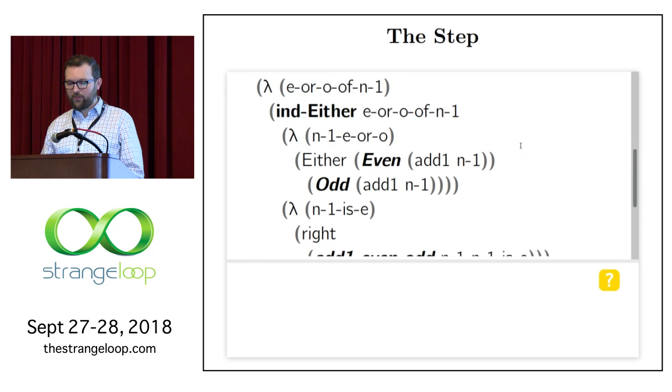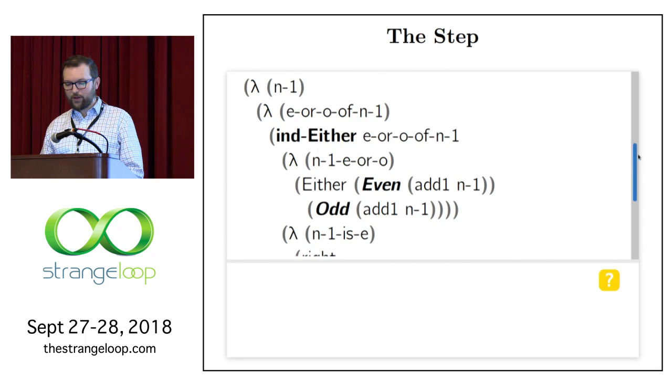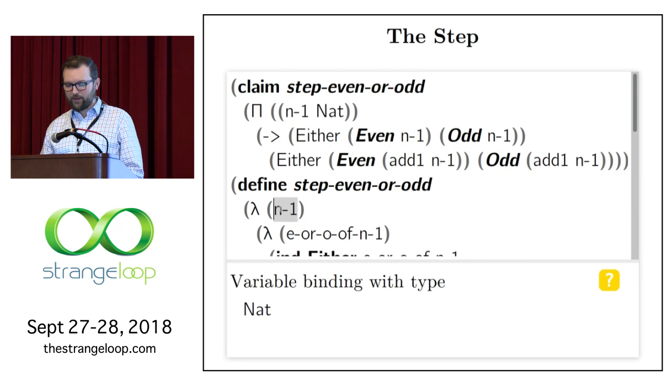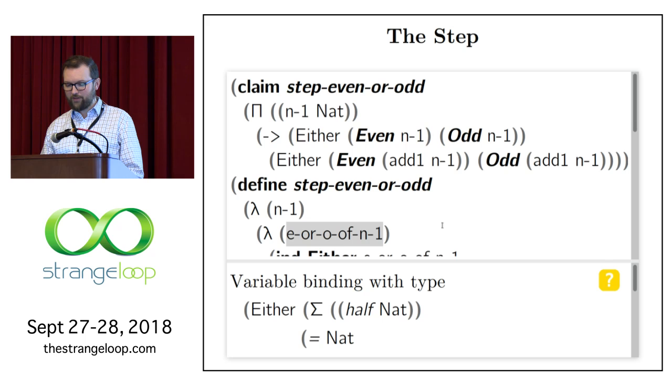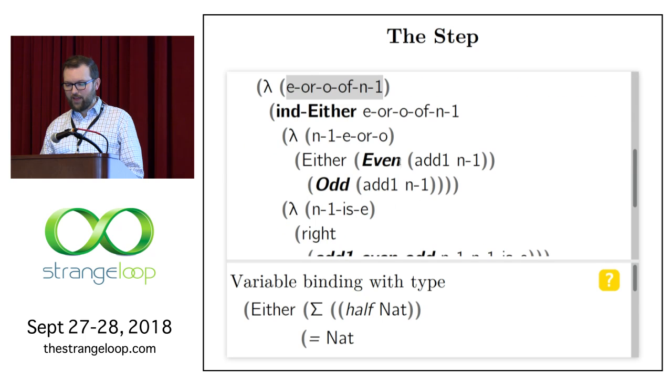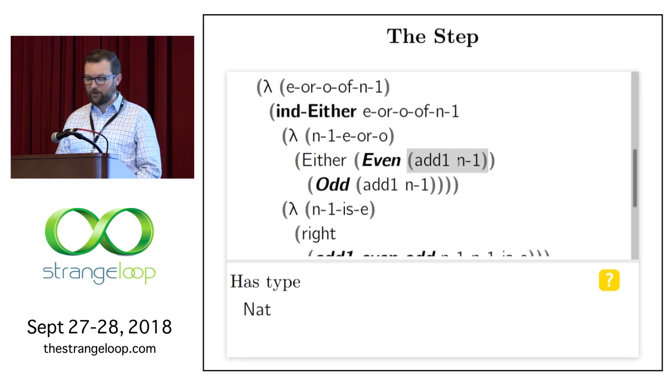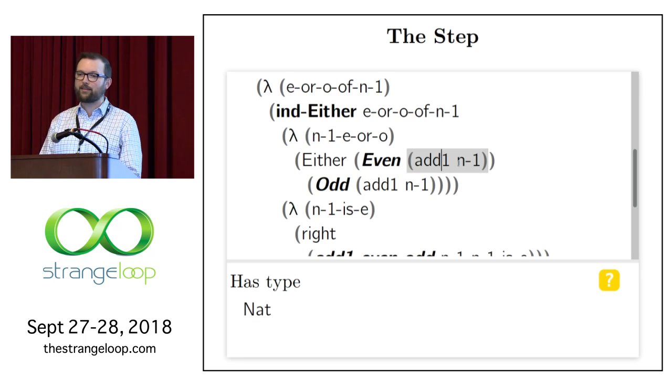And so if we want to write that function, for that we use something called ind either. So we're going to take our n minus 1, we're going to take evidence that n minus 1 is either even or odd, then we're going to take that and produce evidence that either 1 greater is even or 1 greater is odd. And the way we do that is by cases.